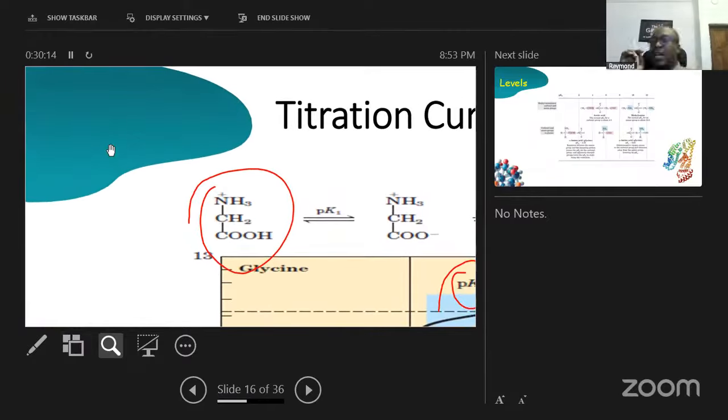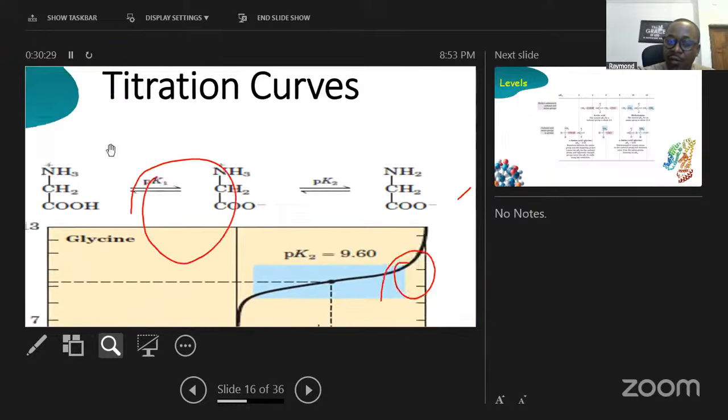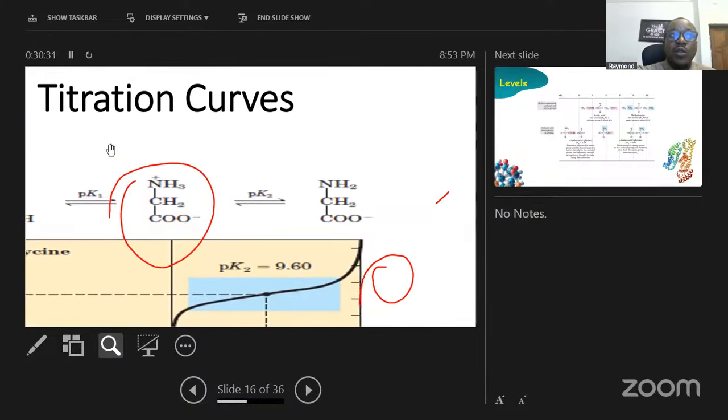That means at acidic pH, the amino acid glycine is positively charged. But as you increase the pH, the amino acid becomes neutral.